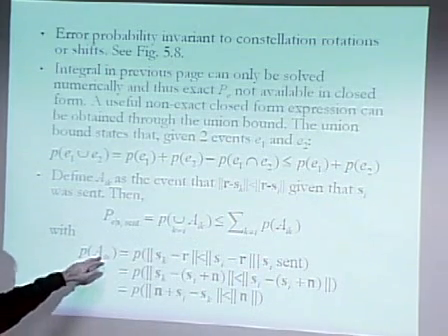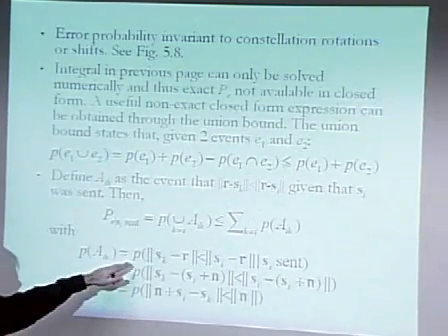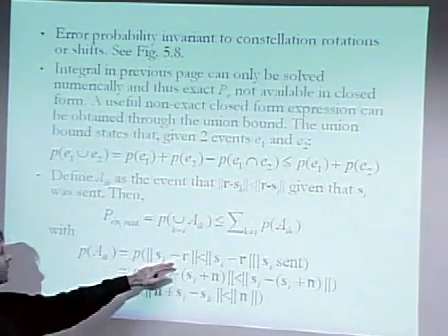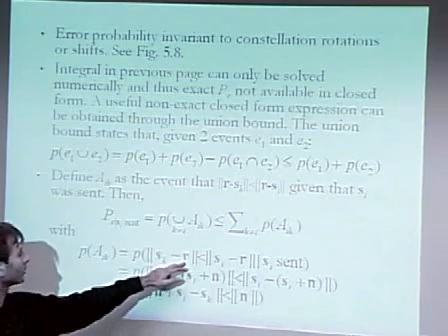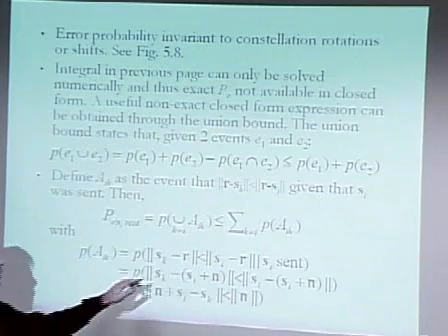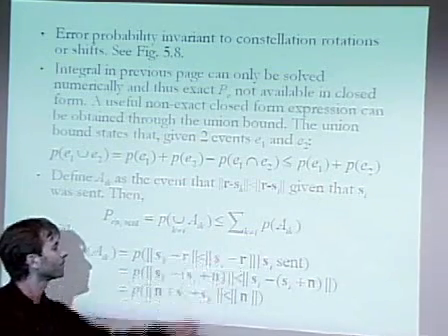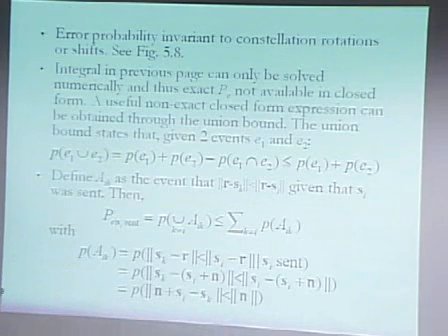So the probability of A sub ik is, by definition, the probability that S sub k is closer to R than S sub i is to R. So the probability that the norm of S sub k minus R is smaller than the norm of S sub i minus R, given that Si was actually sent.